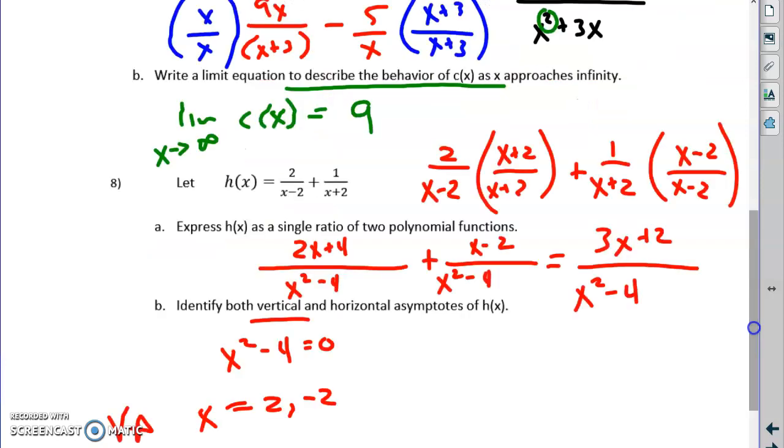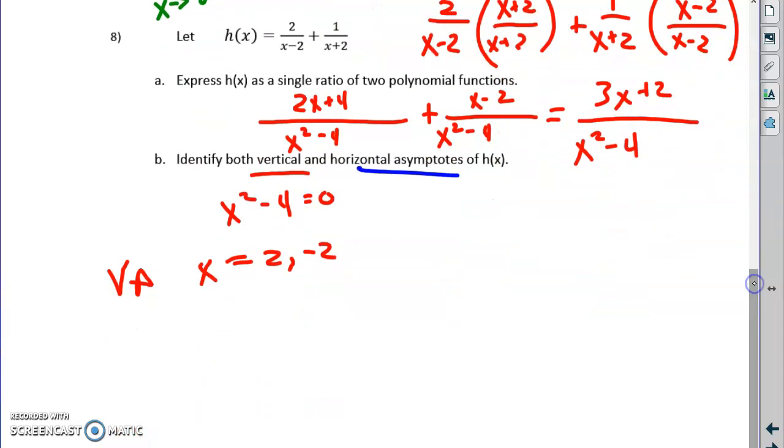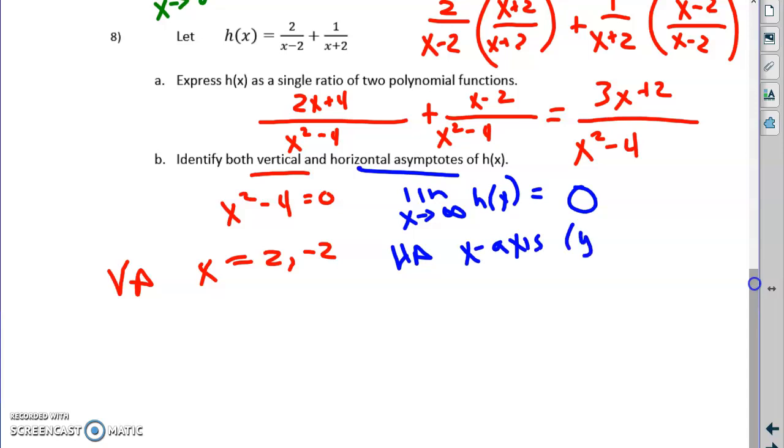Horizontal asymptote, again, limit to infinity. And what do we have? We have a degree of 1 on top. We have a degree of 2 on the bottom. When the bottom is greater than the top, we said the horizontal asymptote is 0. So the horizontal is the x-axis, or y equals 0.